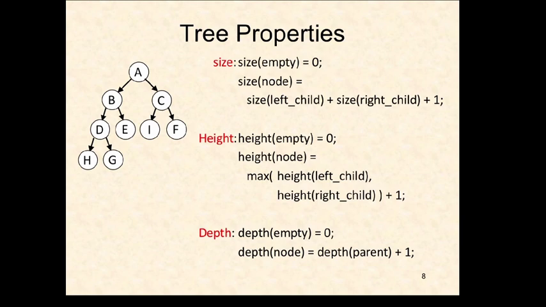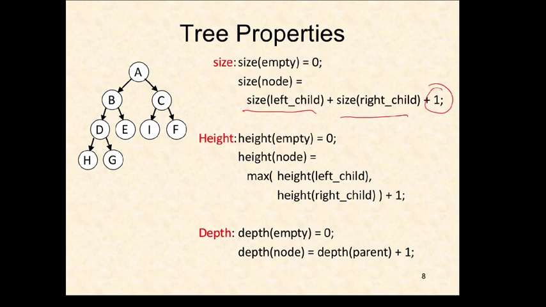If I gave you an empty tree, or equivalently a null pointer, you would say there's no nodes in that tree. Otherwise, the number of nodes is a recursive call to the size of the left pointer, plus a recursive call to the size of the right pointer, plus 1 for the node itself.